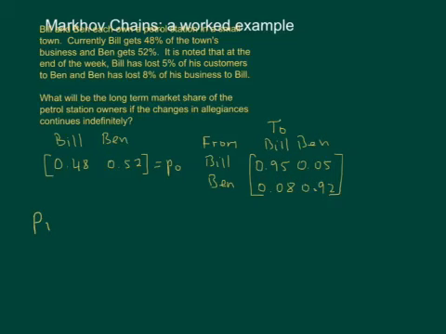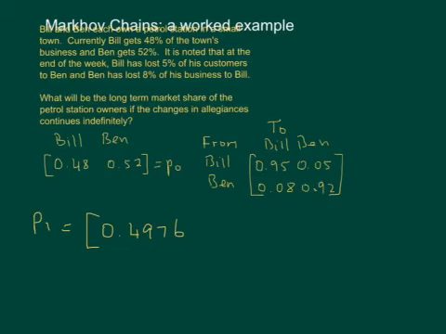Okay, so in this case P1 is going to equal 0.48 times 0.95 plus 0.52 times 0.08, and you're going to find that that comes to 0.4976.